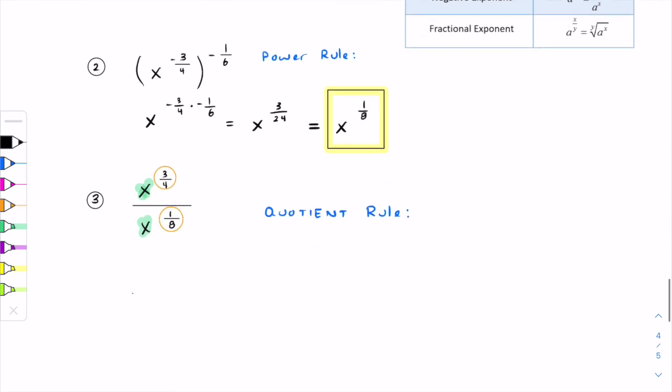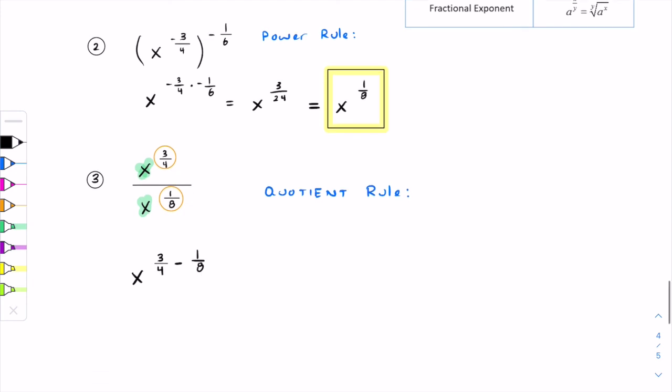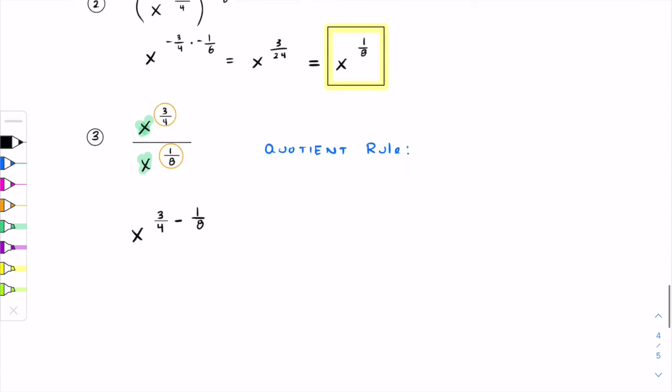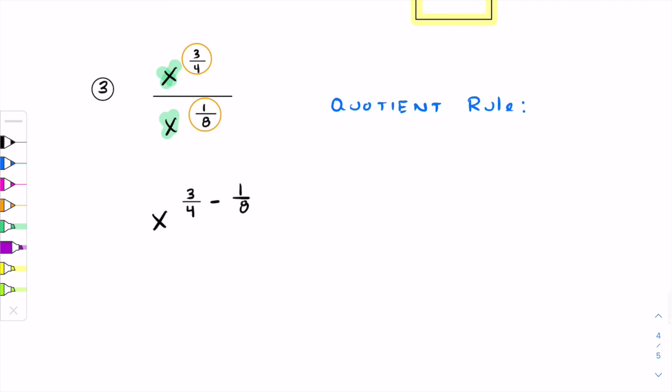So in this example, we end up with x to the power of 3 over 4 minus 1 over 8. Those are the exponents we're dealing with. When you're subtracting fractions, you need to make sure that you have a common denominator. I can easily make 3 over 4 into a common denominator with 1 over 8 by multiplying 3 over 4 by 2.